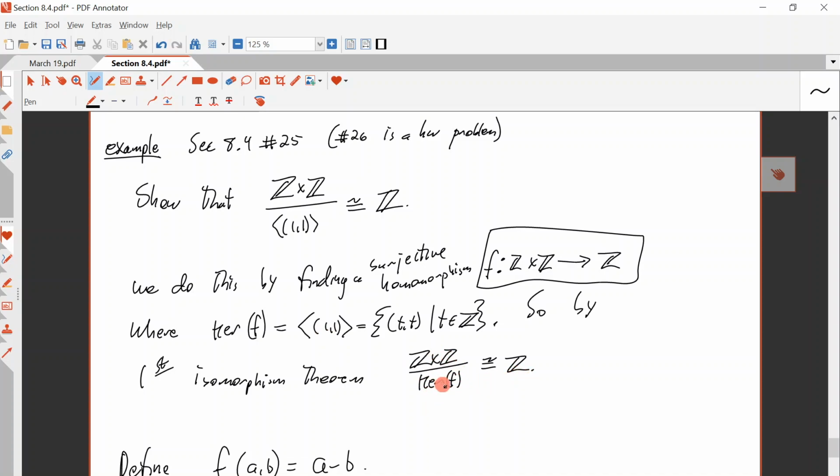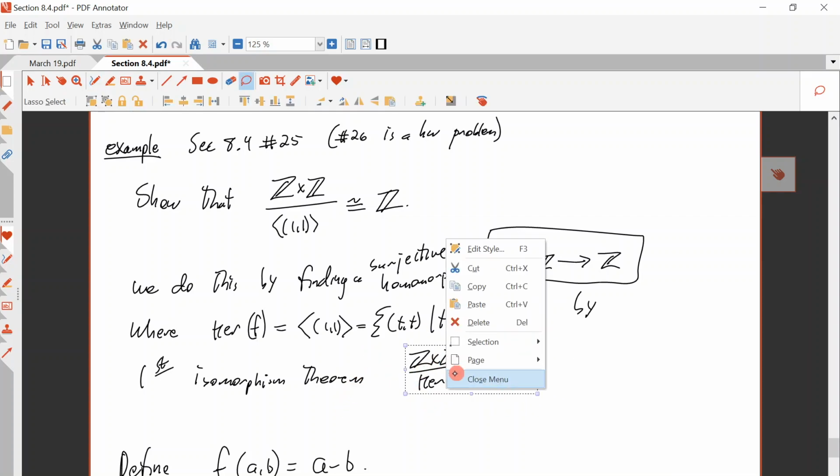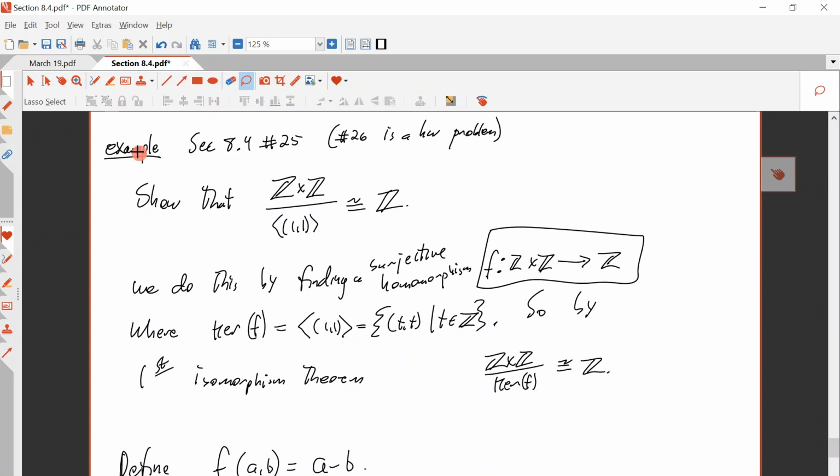And therefore, by the first homomorphism theorem, let's write out the whole thing: Z cross Z mod the subgroup generated by (1, 1) is isomorphic to Z.